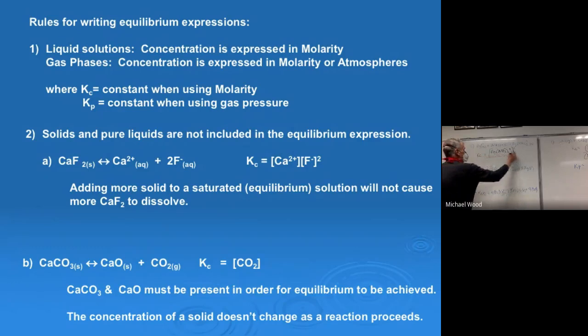And then what's on the left goes on the bottom. So I'd have Ag+ to the first and NH3 squared. The reason it's squared is the coefficient was 2. So the coefficients become the exponents. The subscripts here just go right in the parentheses.